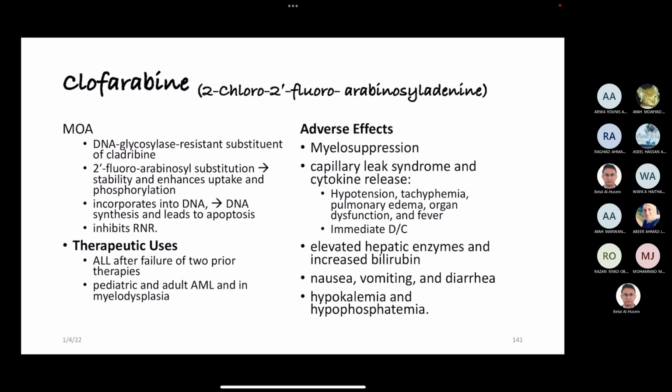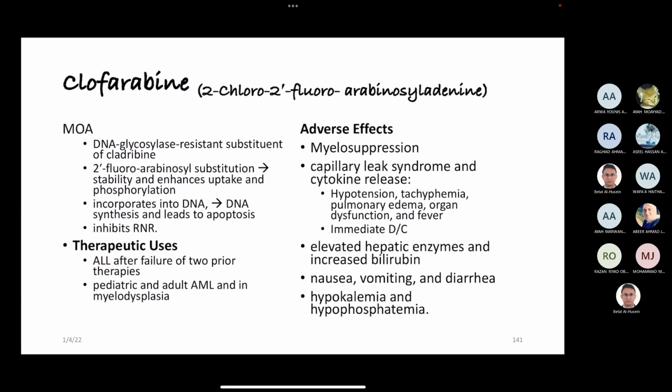It's an enzyme that breaks down or repairs DNA if faulty nitrogen bases are added. So this one is resistant to that repair enzyme. Now its modification, fluorination and addition of arabinose sugar to it, in fact enhances its entry inside the cells and also stability inside the cell, so reduces its deactivation.